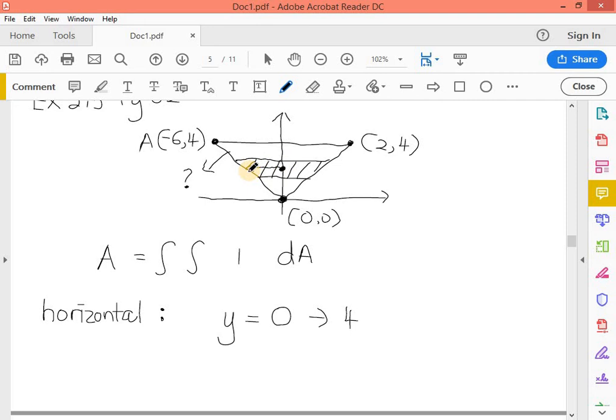Why do I need to find it? Because when I refer to the left, I see this line, but I don't have its equation. That's why I need to find it. So can you find this? What do you have to do?